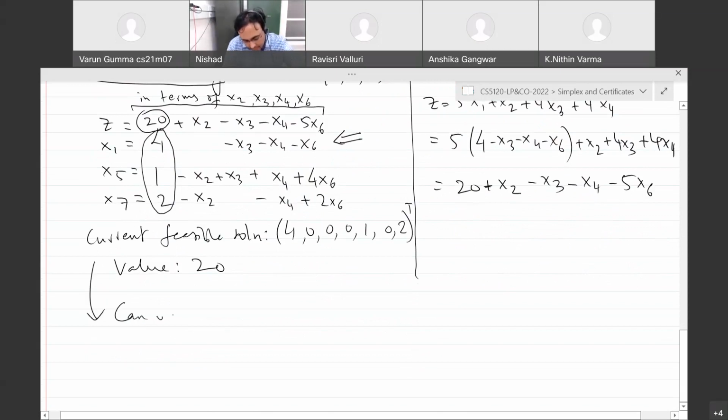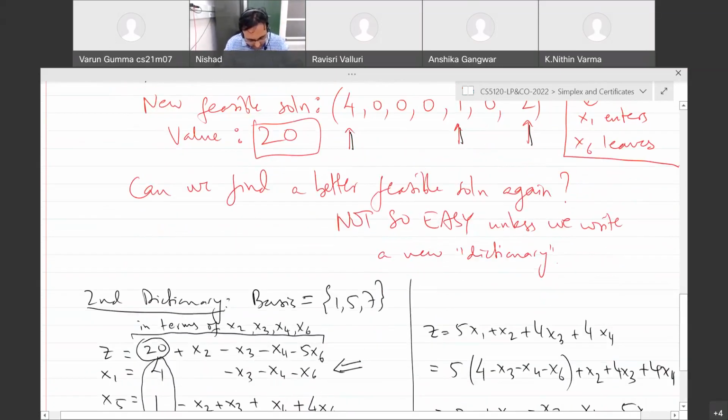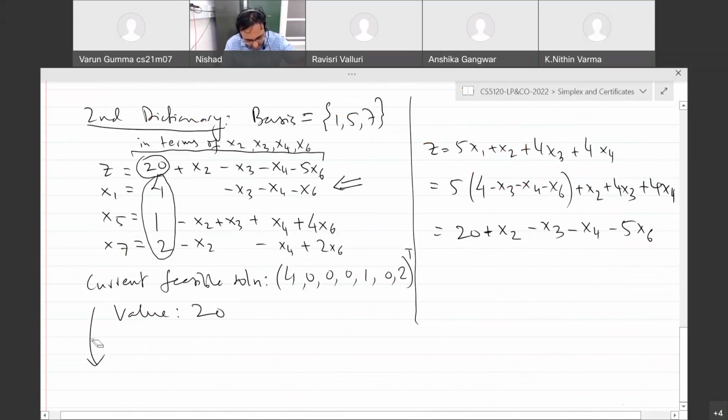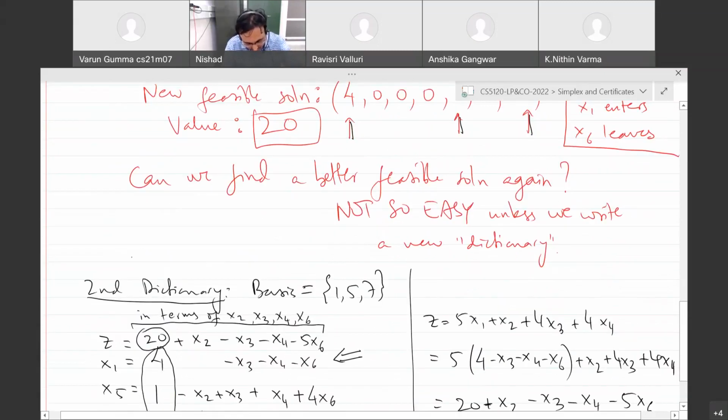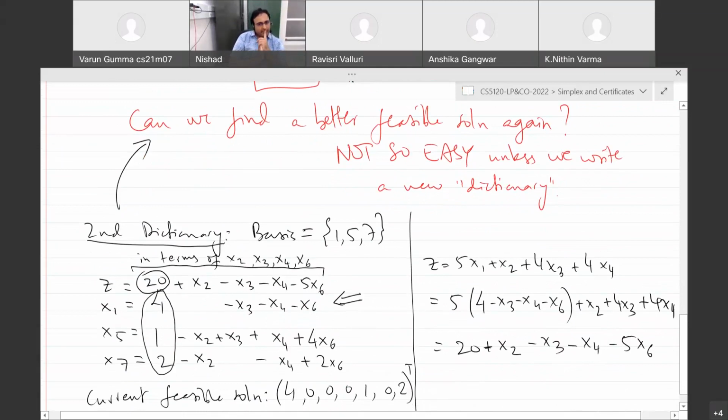Can we find, in fact, we already asked this question, and we noticed that it was not so easy to answer. So now let's go back to the same question. Can we now find a better feasible solution? And if so, how do you propose to find it?